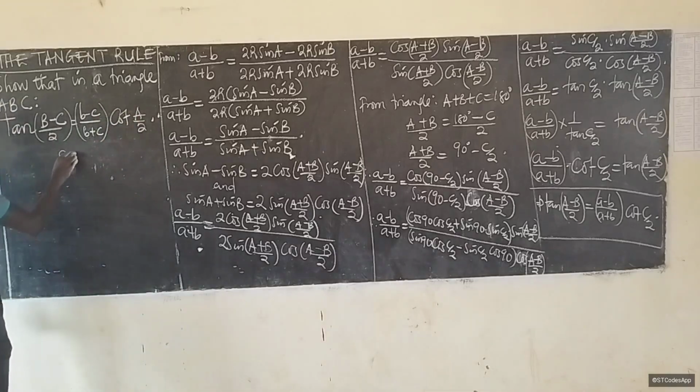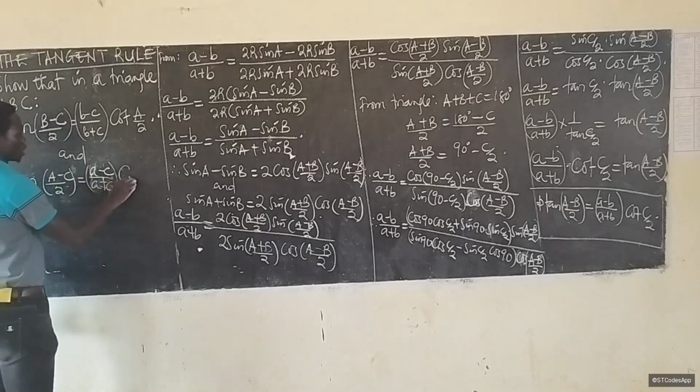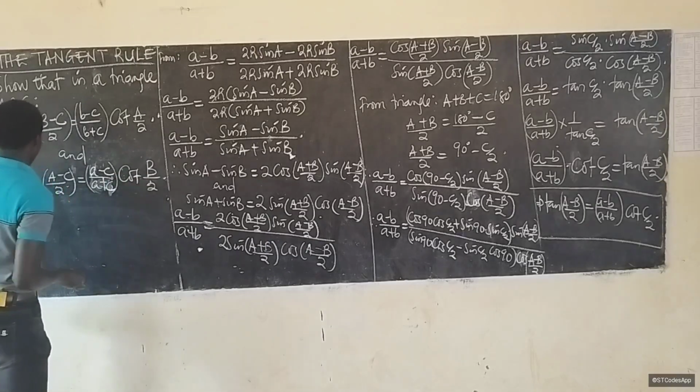And also, you can show that tan of (A minus C) out of 2 should be (A minus C) out of (A plus C), then cot of B out of 2.